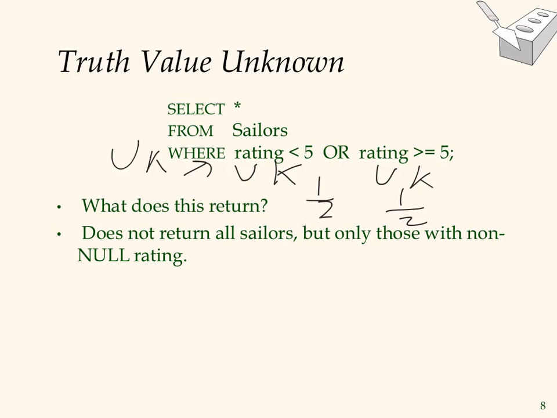And so the way SQL works is if a where clause evaluates as unknown, it does not return the tuple. So in this case, it would not return Dustin having a rating of null. SQL returns only tuples where the where clause evaluates as true. So that would be an easy mistake to make. And it's an example of how you have to watch out if you don't think about null values, but you do have them in your data, then your queries may not behave the way that you expect.